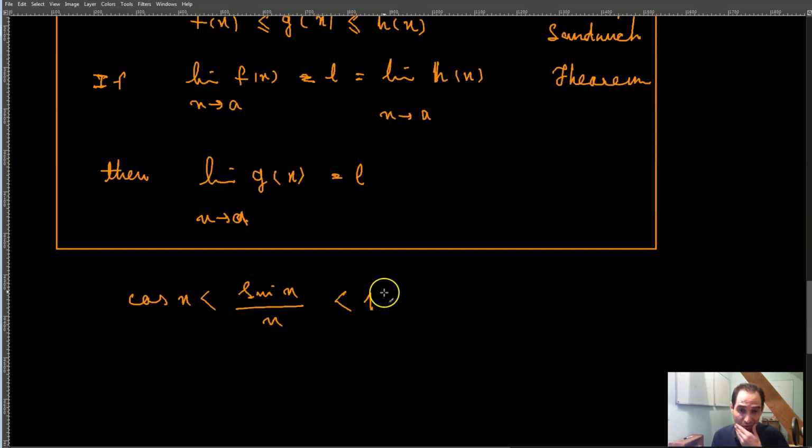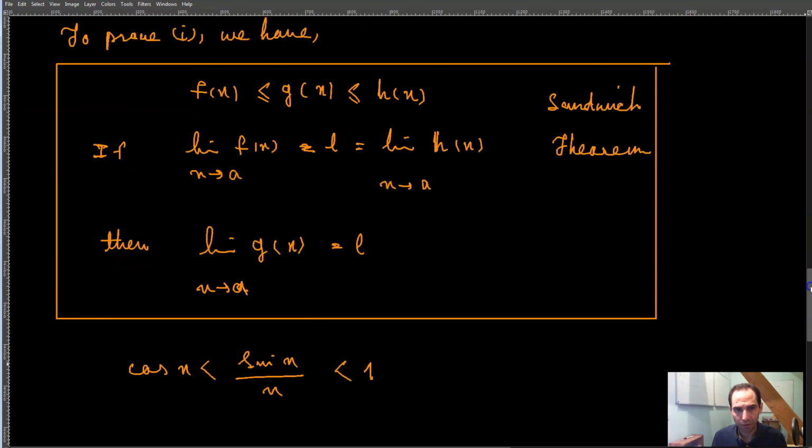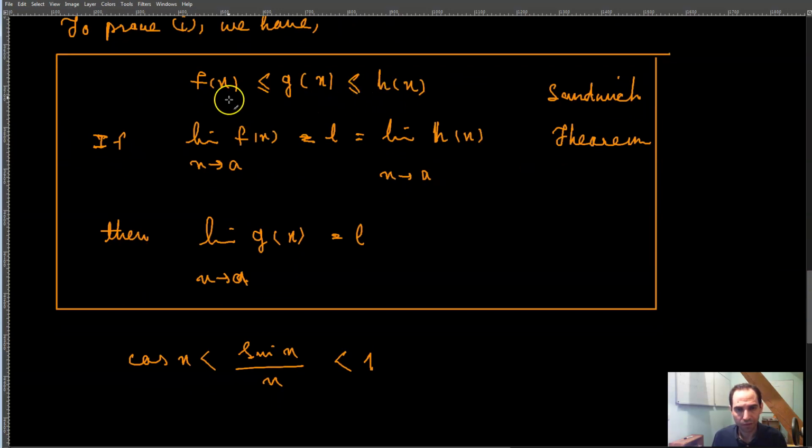So these are basically 3 functions. Using the Sandwich Theorem, if the limit of this function is equal to the limit of this function, and this function is between the two, then the limit of the function between the two is equal to the limit of the other 2 functions.